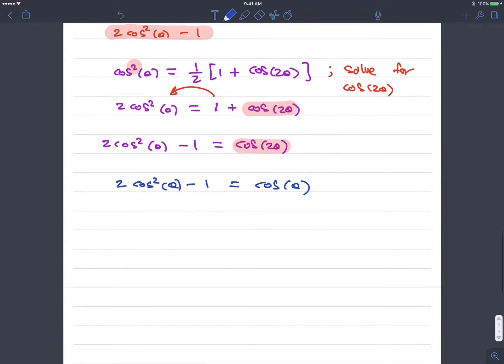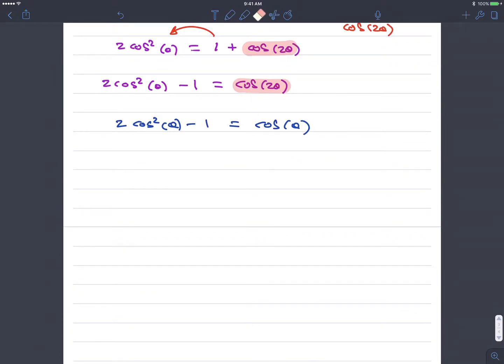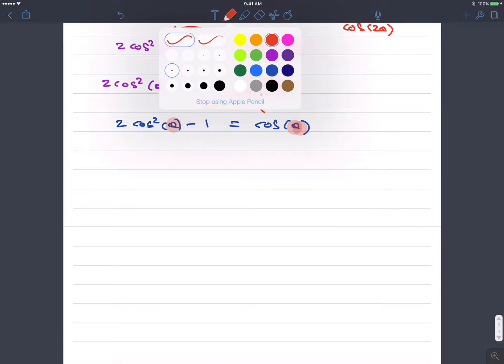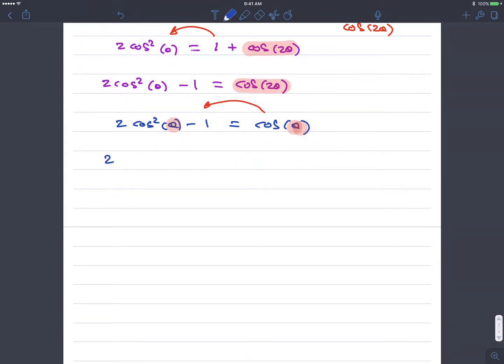Anybody have any questions on why I replaced that cosine 2 theta with this identity? Okay, what do you guys notice about my equation now? Single angle. Is that true? And that's the idea. And this is algebra, so I'm going to say to you again, translate your cosine theta here. And you get 2 cosine squared theta minus cosine theta minus 1 is 0.